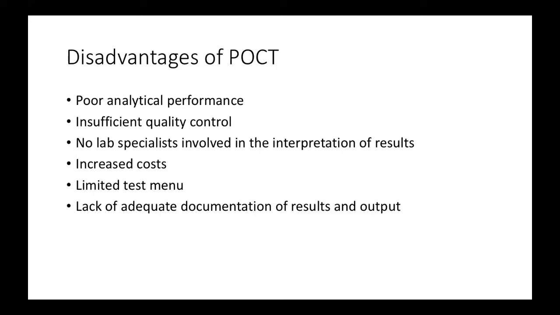Somebody performs, suppose, a glucose test by glucometer, and the glucose is 268, they take a decision, and there is an increase in the dose of insulin in the case sheet, but sometimes there is no documentation of this plasma glucose. So after that, no documentation is available telling you why insulin was increased.